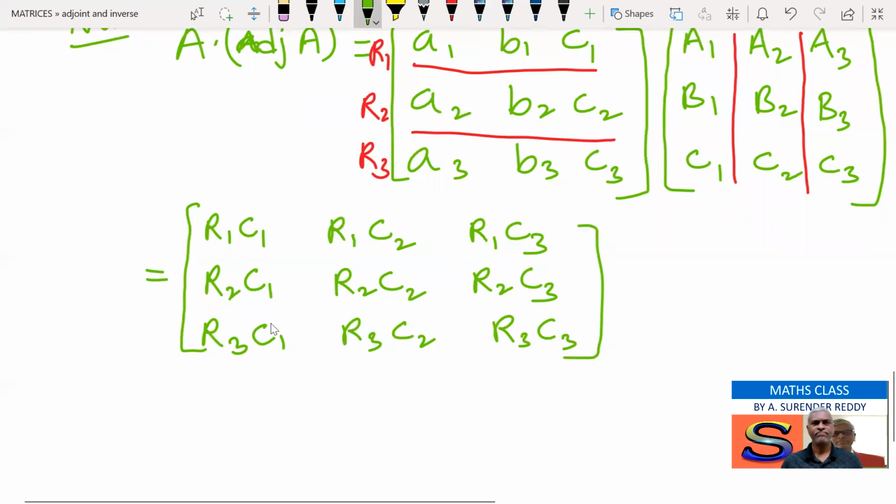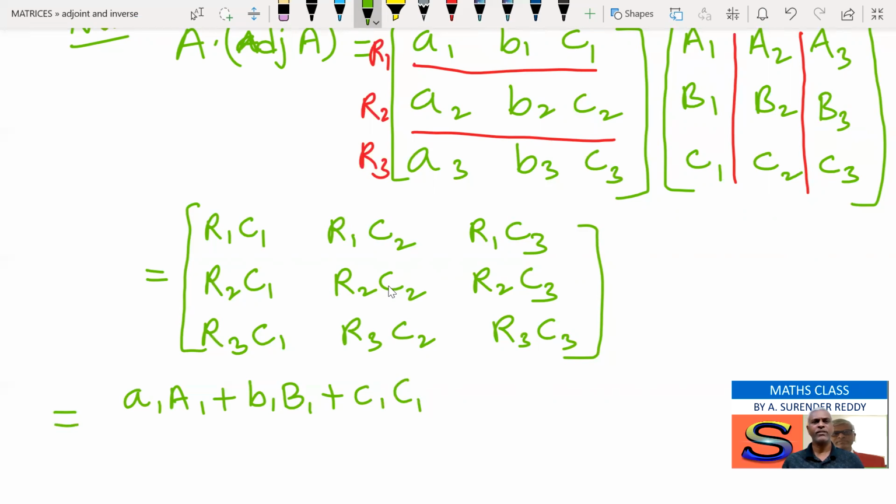Now look at this. R1C1: I multiply the first row with the first column. Small a1 into capital A1 plus small b1 into capital B1 plus small c1 into capital C1.